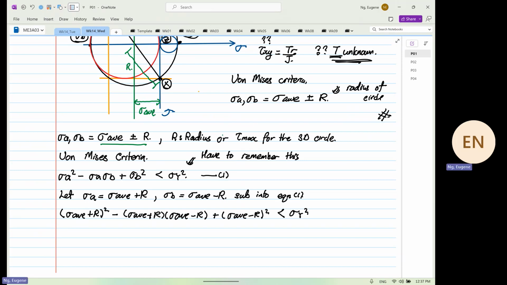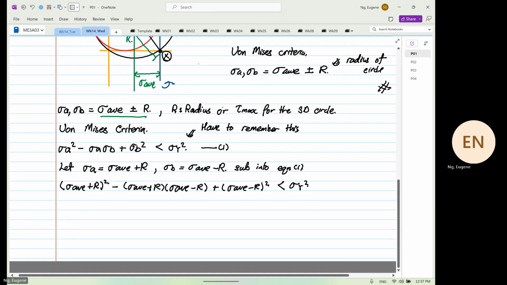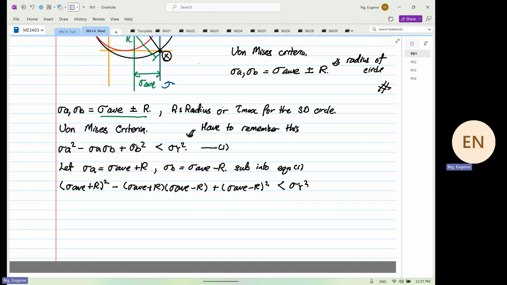So I'm going to expand or get rid of the brackets, and then you can see a simplified version of this equation, okay? And it does not look so bad. So stress average squared plus 2R stress average plus R squared, minus stress average squared, and then minus R squared.